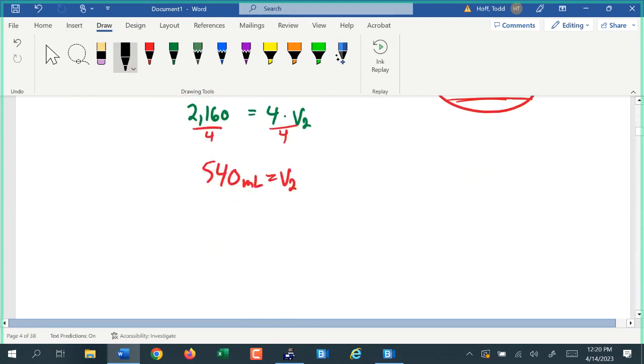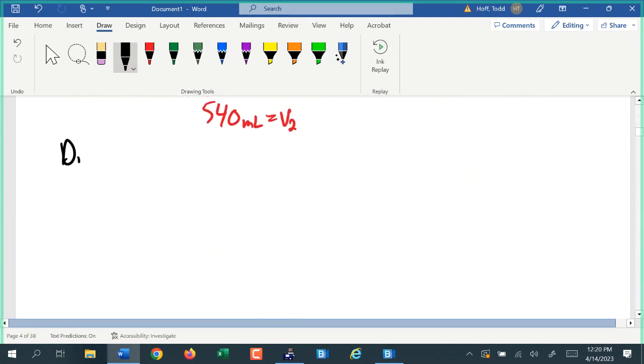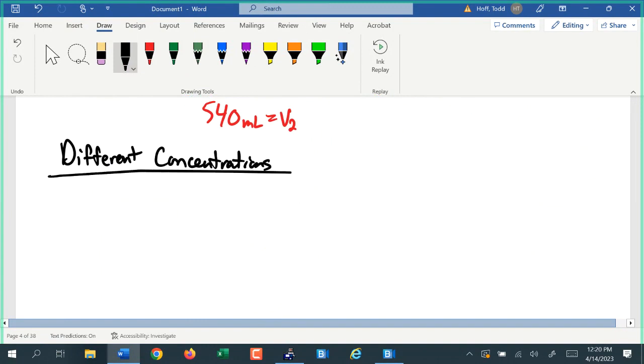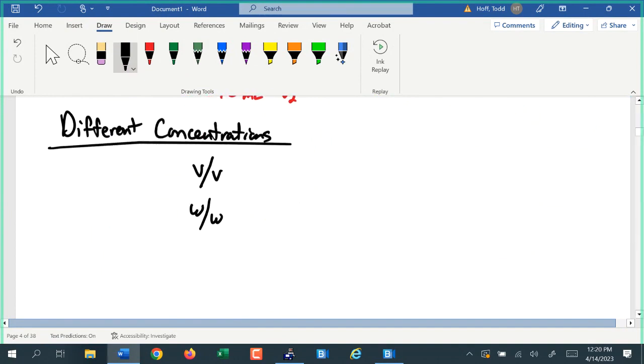And then, of course, we also looked at the different types of concentrations. Different concentrations could be volume and volume, weight and weight. Really, it's mass and mass because we deal with milligrams and milligrams or whatever, but we still use the old connotation of weight and weight.